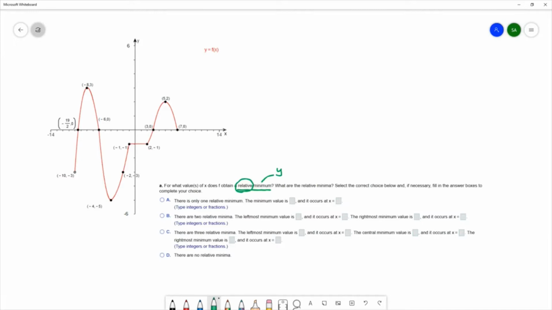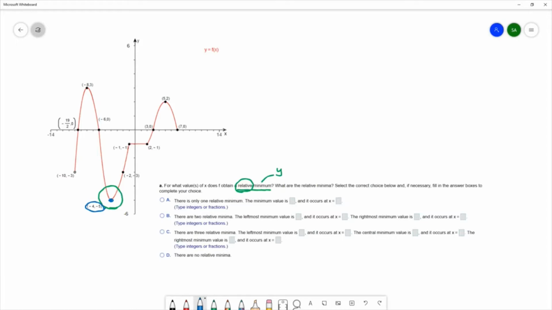So for this example, in this picture, we can see right here is a dip in the graph. And if we zoomed in on that place, we could see that this point right here, labeled as -4, -5, has the smallest y value in that nearby area.